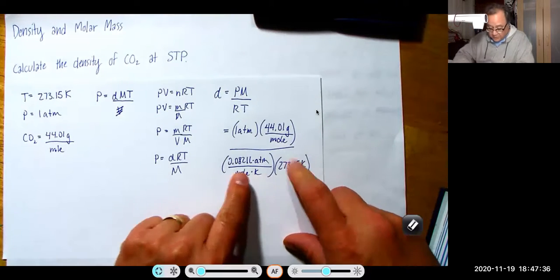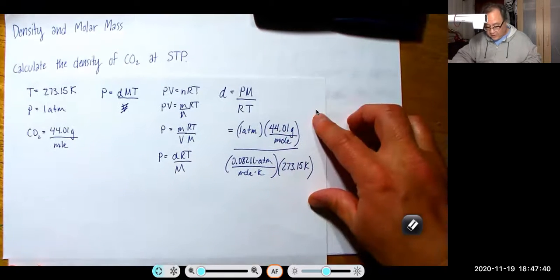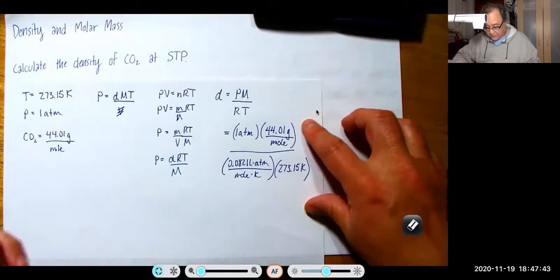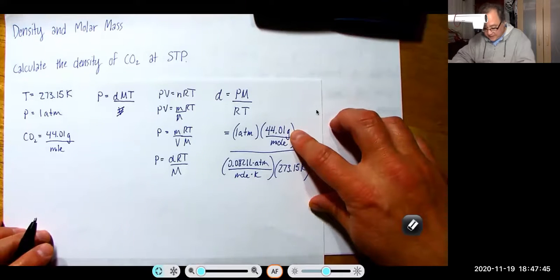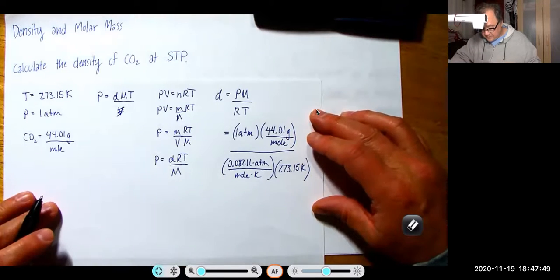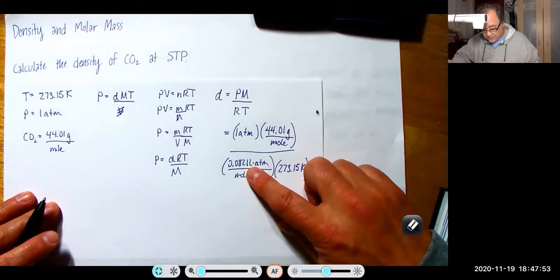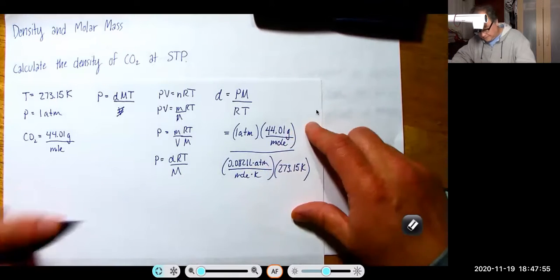You can see that the moles cancel. You can see the atmospheres cancel. So the only thing you're going to be left with is grams and, let's see, and liters. Liters didn't cancel. So grams will be on top and liters will be on the bottom.